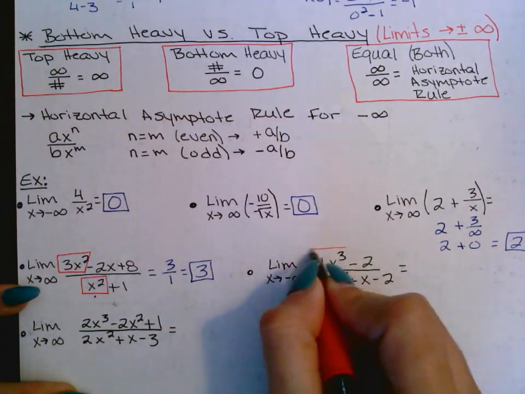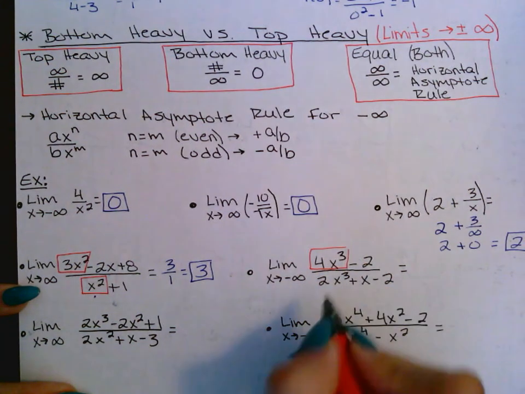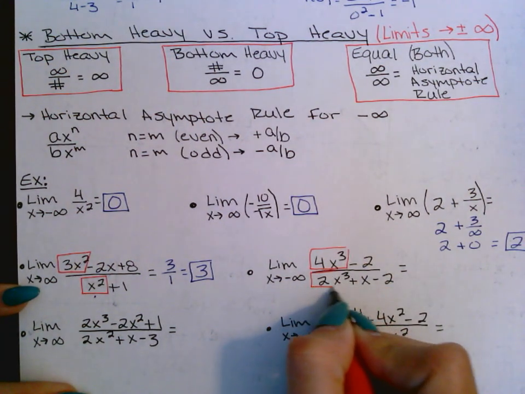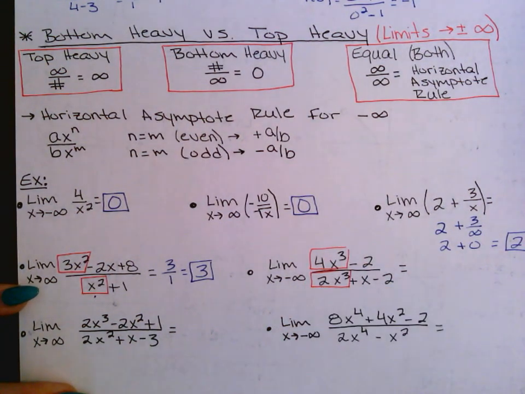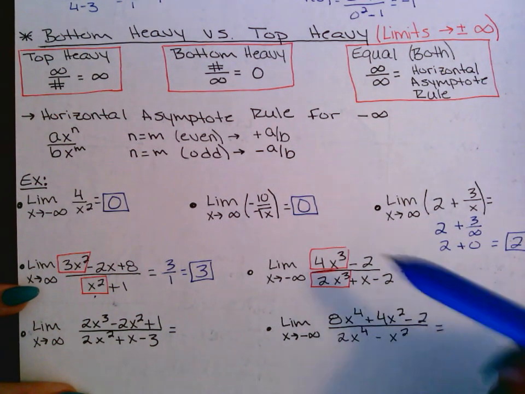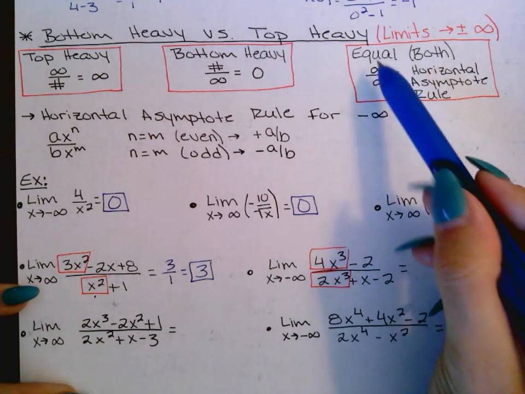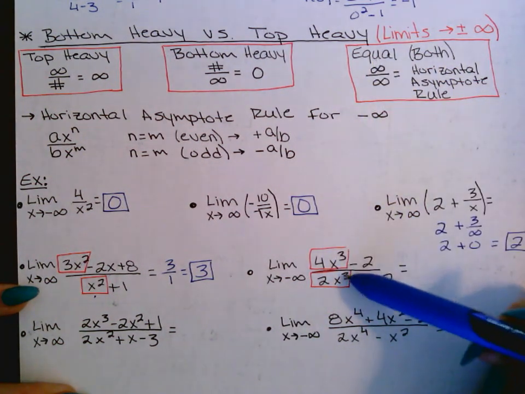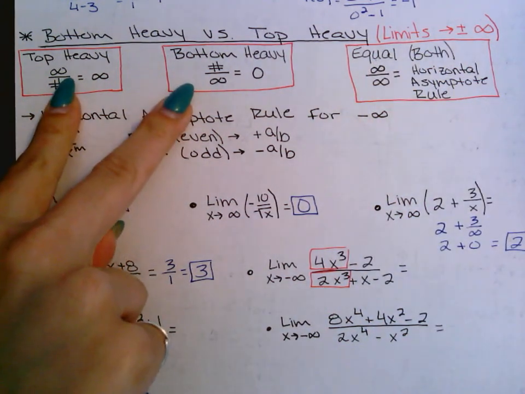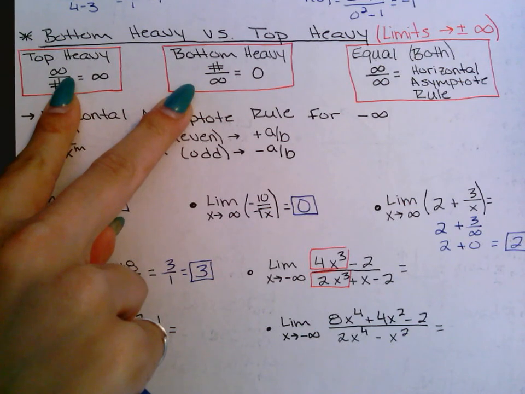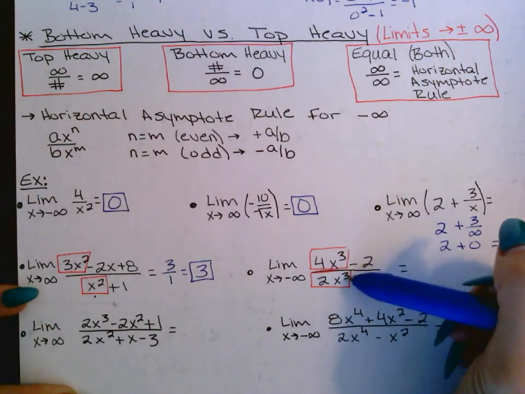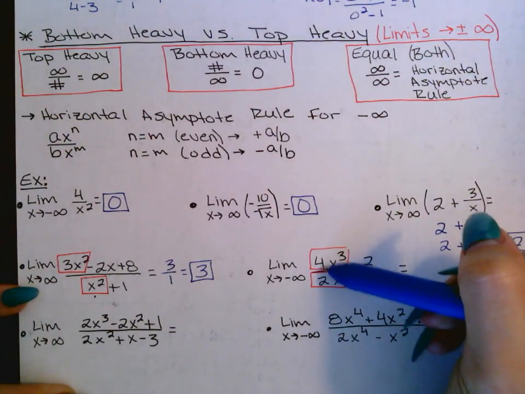Highest term in the numerator, highest term in the denominator. Okay? Now, when I look at these two, again, a 3 and a 3, this is equal. If one of these were bigger than the other, I'd be back to either top or bottom heavy. Okay? And we'll see that in a moment. So since they're the same, I'm going to use the coefficients.